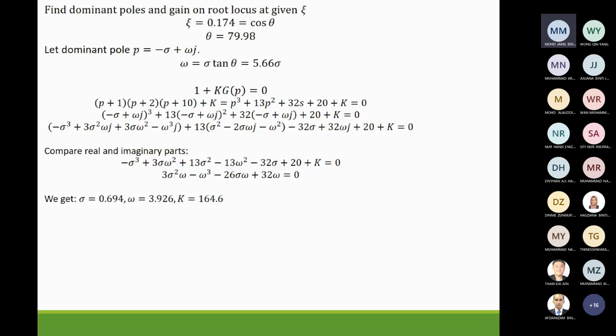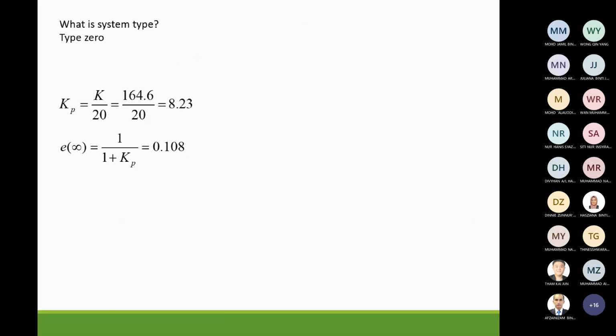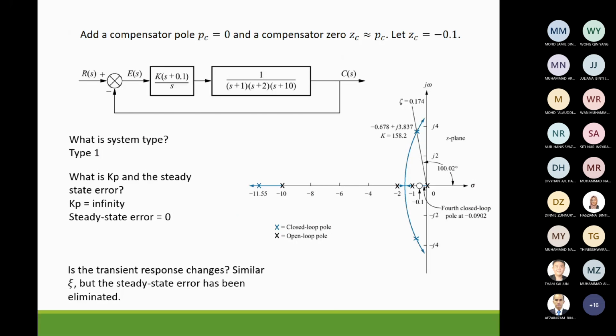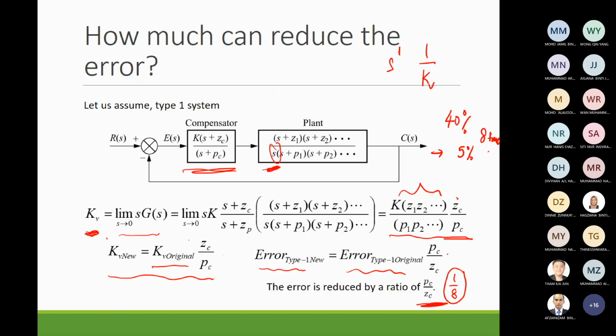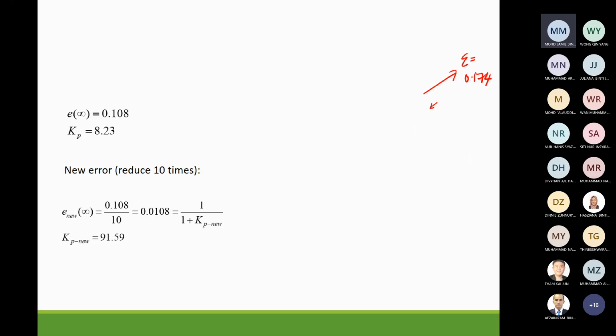From this example, I have calculated the gain K at this point here, where the damping ratio is 0.174. And this is the point of intersection between the line and the root locus. The root locus is the root locus of this system.